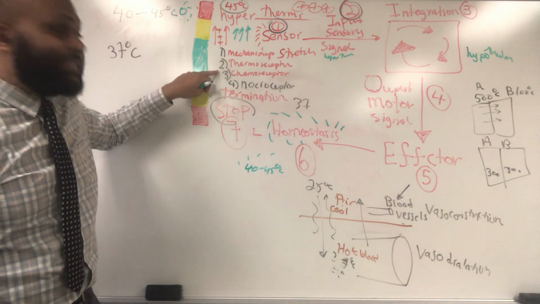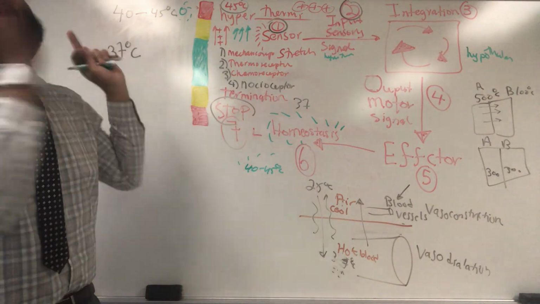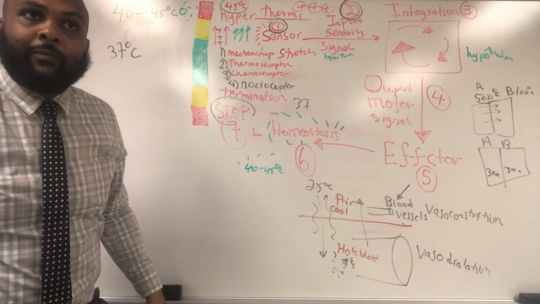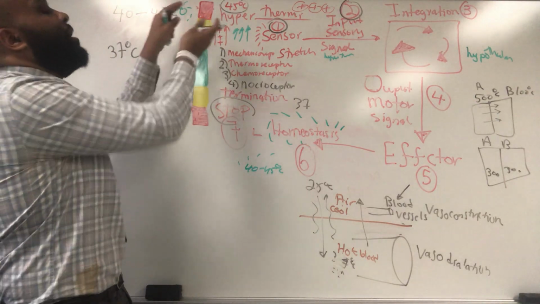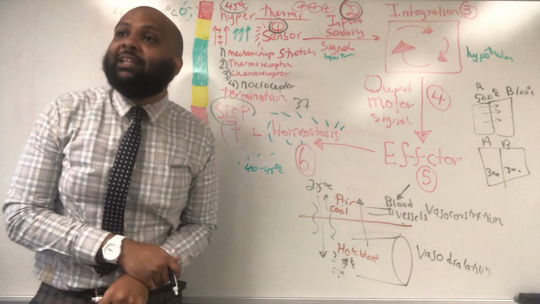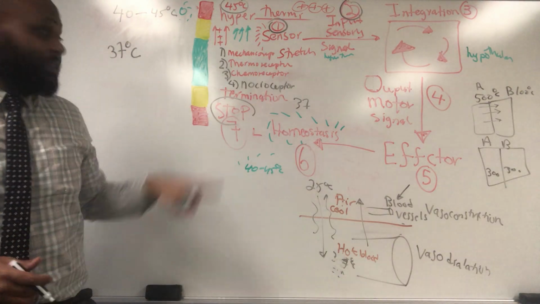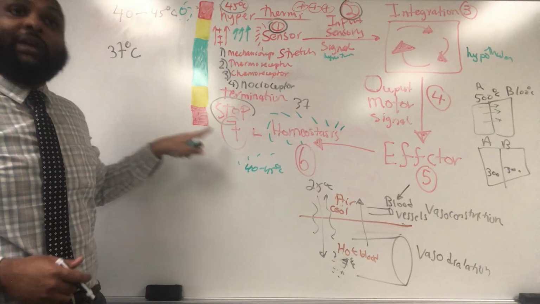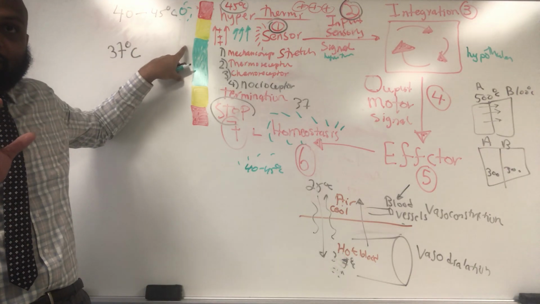It's going to go down even more. So 30, 25. So now we have hypothermia. So if you don't stop, you're going to switch from hyper into hypo, which is still stress. So people forget about the last stop, the termination. You're going to have to stop when you arrive at the green homeostasis.